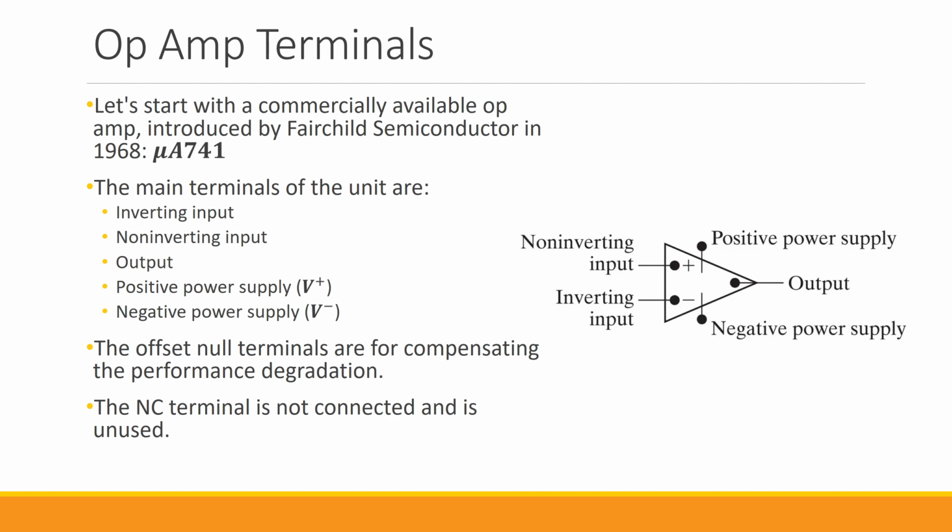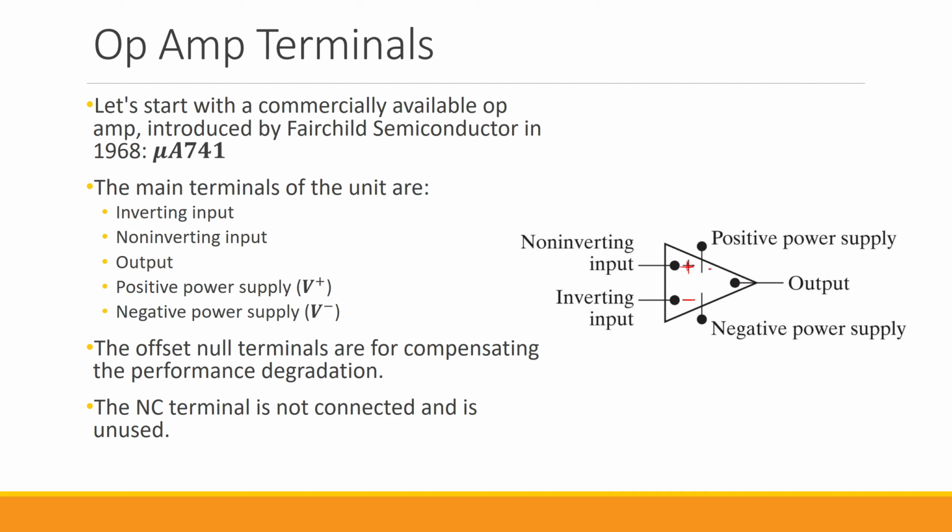The way that we represent op-amps in our circuits is something like this. We have a triangle with the 5 main terminals that we will be using. We have the non-inverting input signified by this plus sign, and the inverting input signified by this negative sign. We have the positive and negative power supplies.